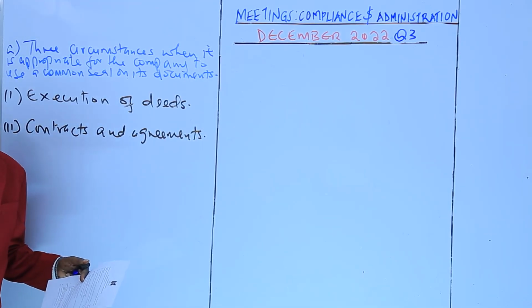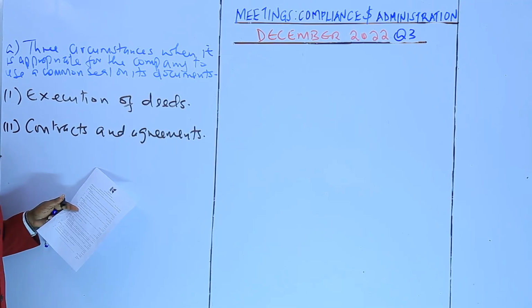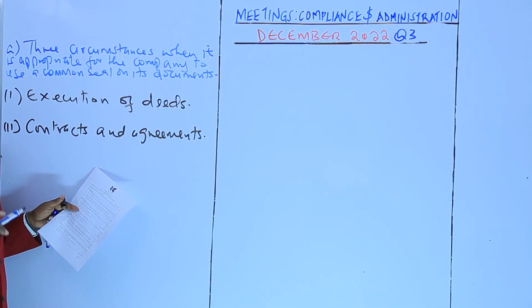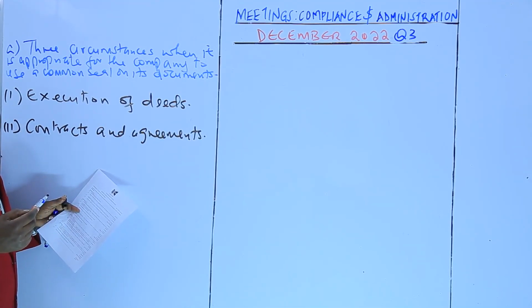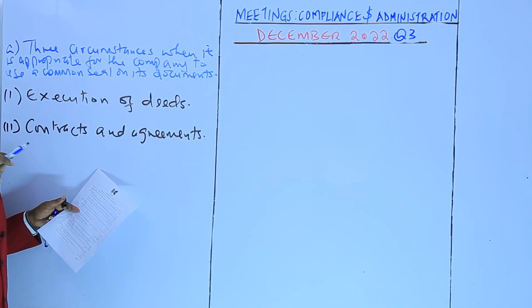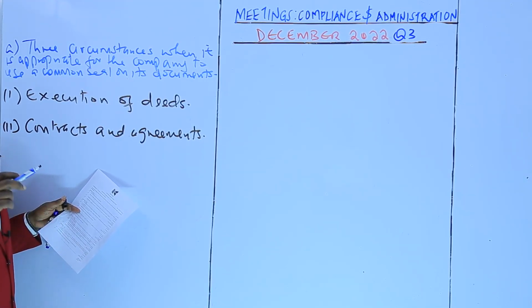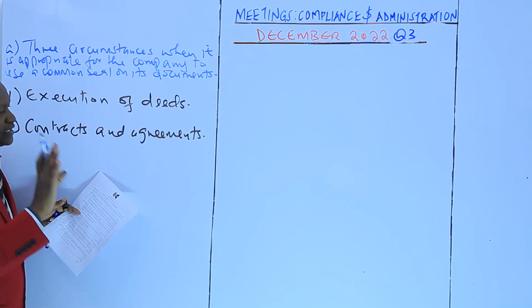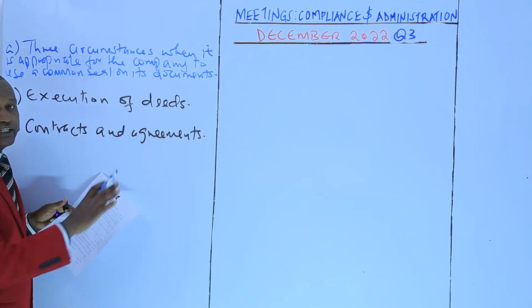In certain situations, contracts and agreements may require the use of a common seal for added legal validity. And the common seal acts as a symbol of the company's authority and intention to be bound by the terms of the contracts or the terms of the agreement.